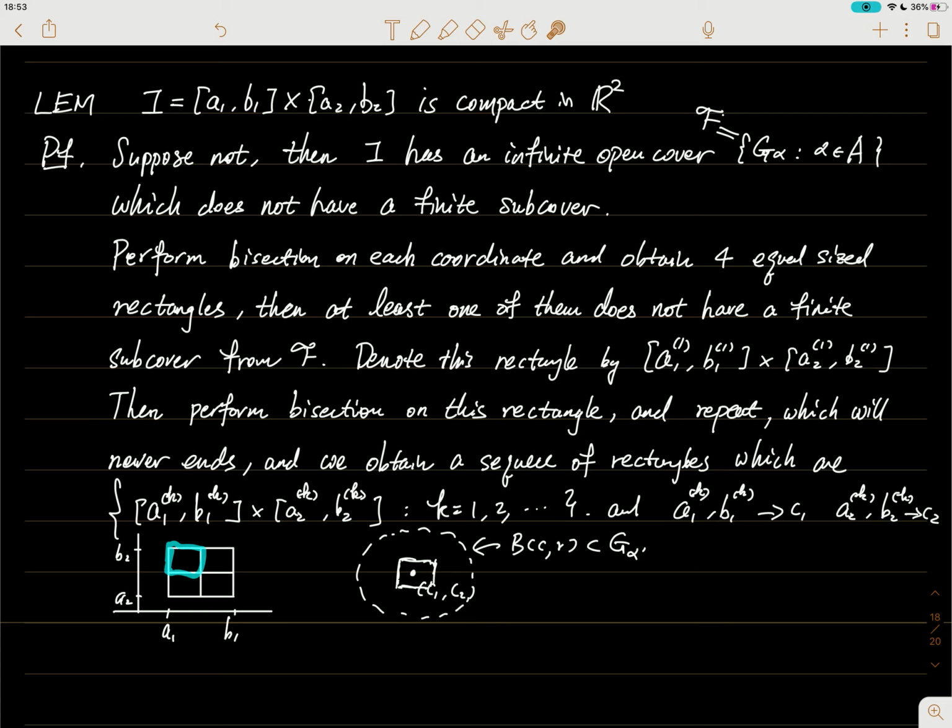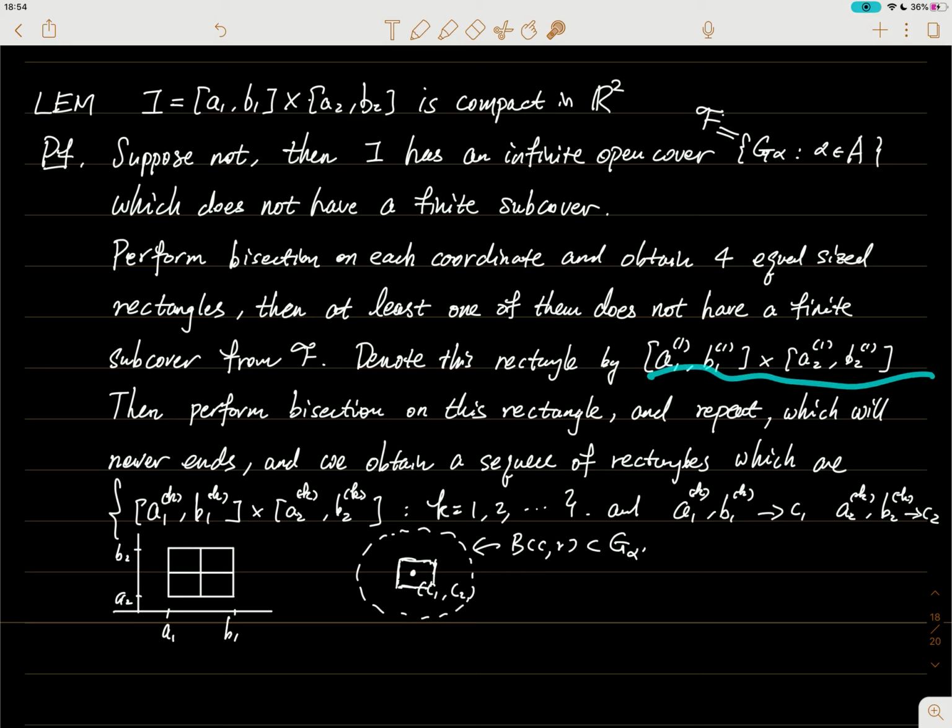Then I call this A11, and this is B11. So this is what I have here. This new interval, or side of this rectangle, is called A11 and B11, and this side is A21 and B21. That's my new notation.